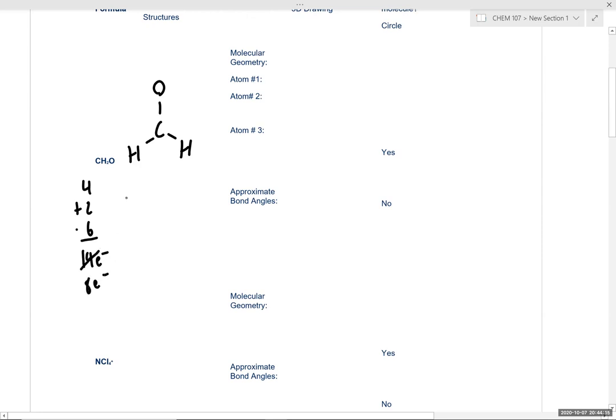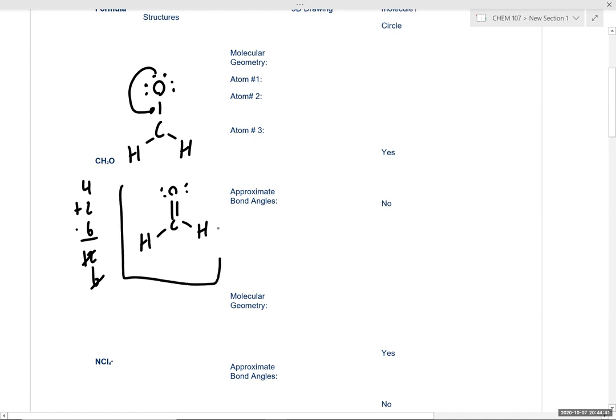We have 8 electrons remaining. Sorry, this should be 12 and 6. And our 6 electrons are placed on oxygen. To fulfill the octet rule, we move a lone pair down and form a double bond. And from this structure, this is our complete Lewis structure.